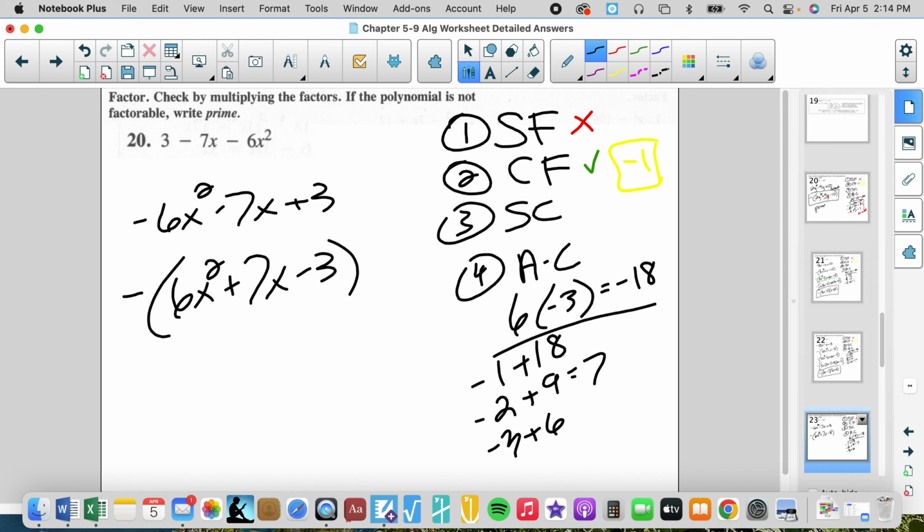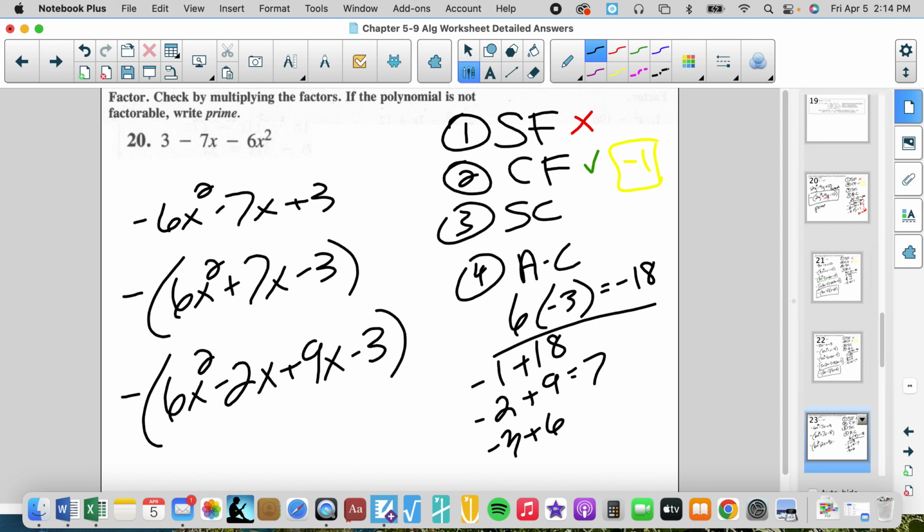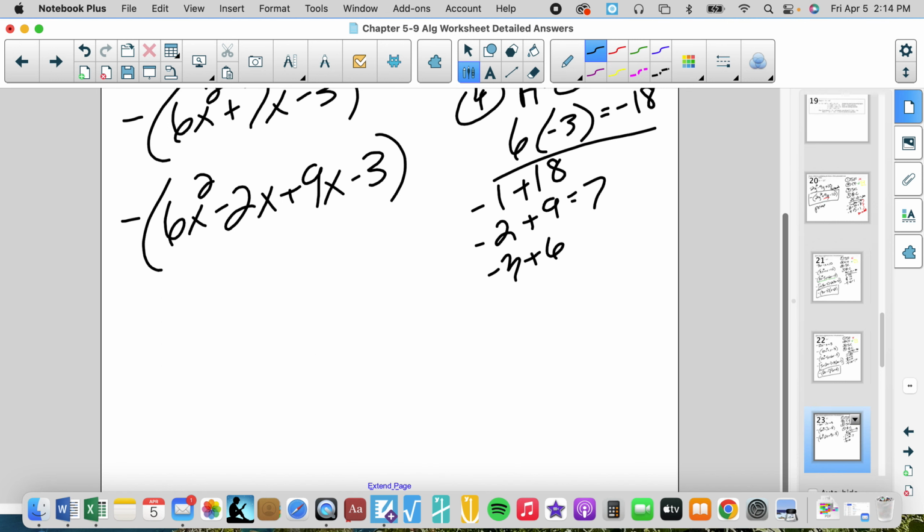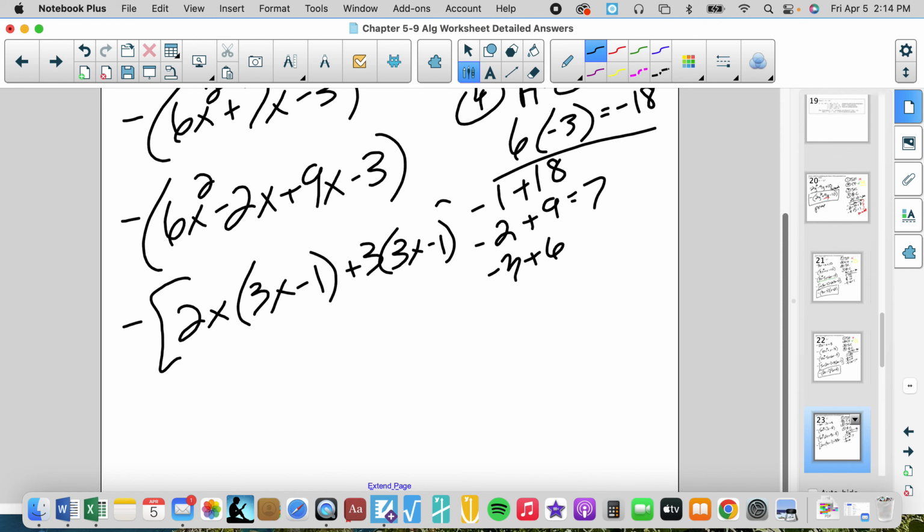There's my 7. And I already know where this problem's going because I'm very familiar with this technique and this process, and I've done it so many times that I see where it's leading to. I see what my answer is already going to be.